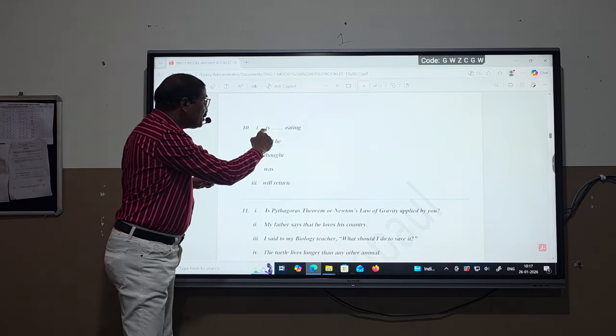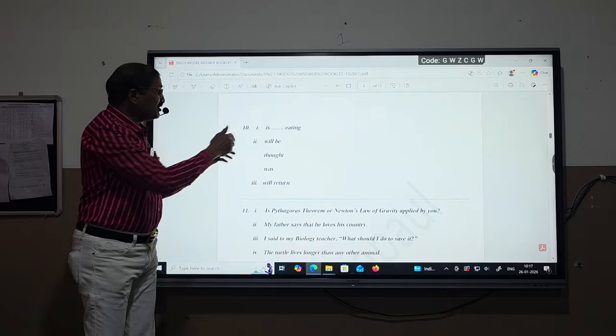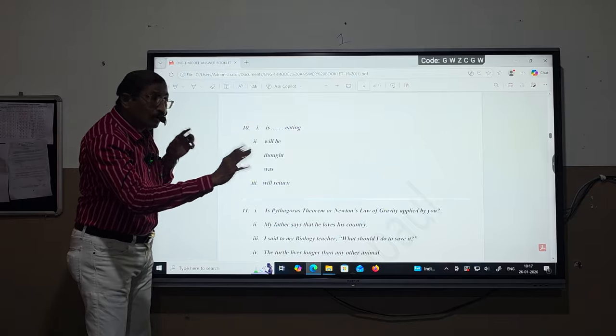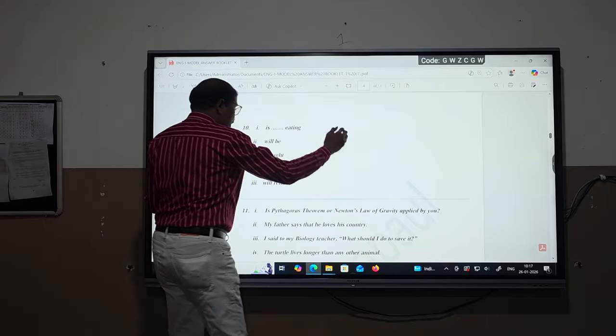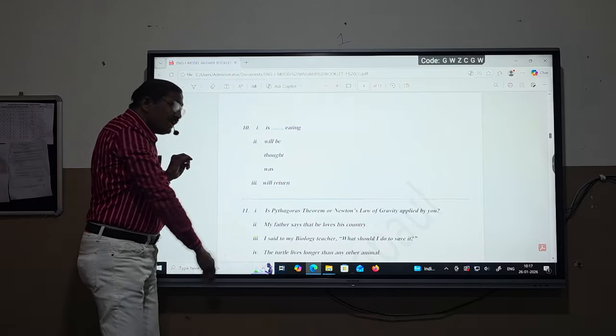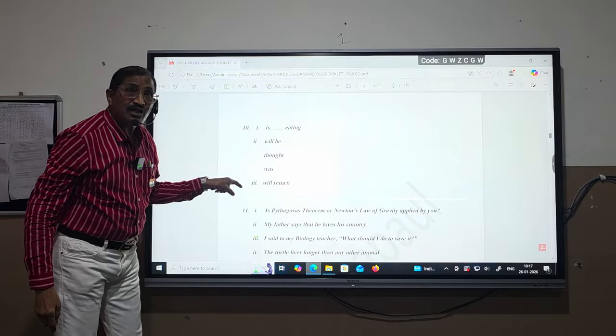In such a case, you have to write a dash, or dash eating. Sometimes it will be continuous. Like this you have to write. Don't write 1, next to 2, next to 3, next to 4. Not like that. They must be in a row. Like this. This is the right way.